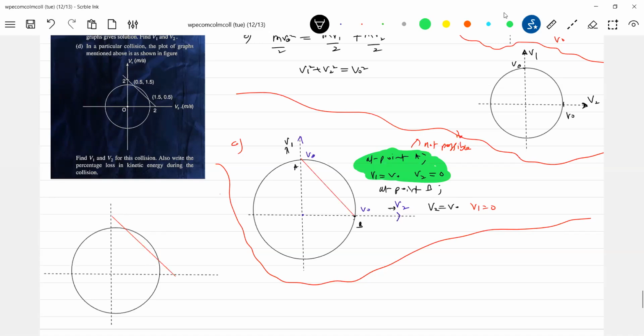Okay, these are the points. Let me take A. This is B, and this is equal to 2.